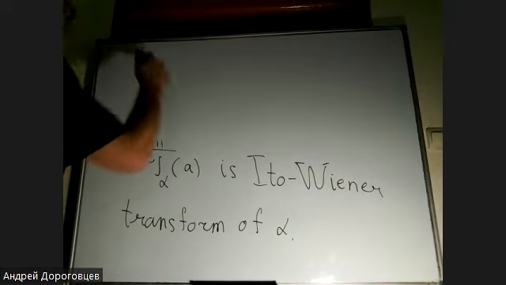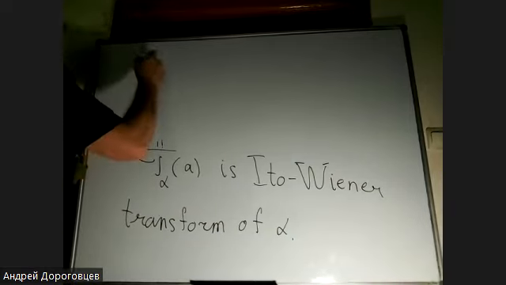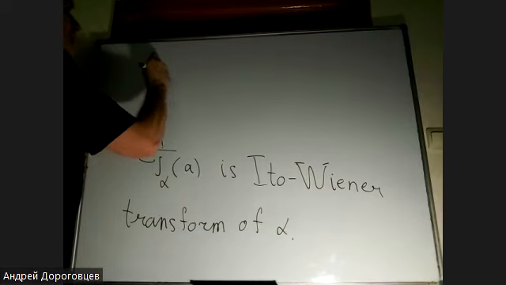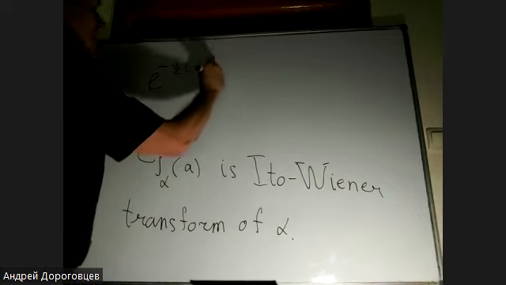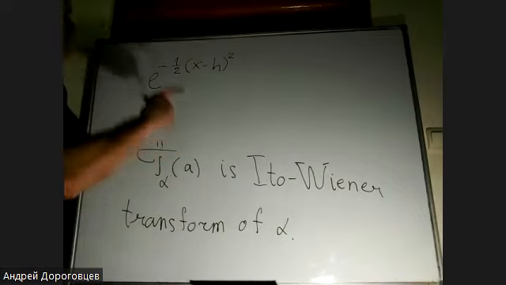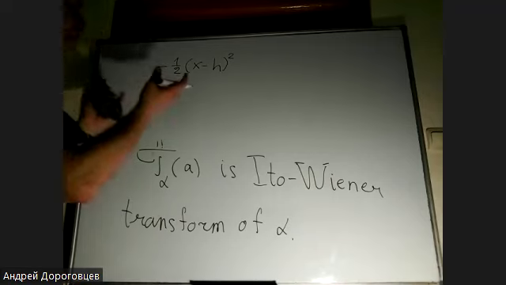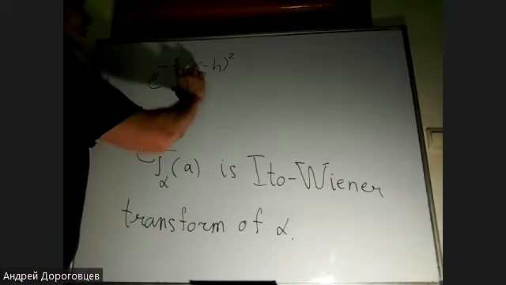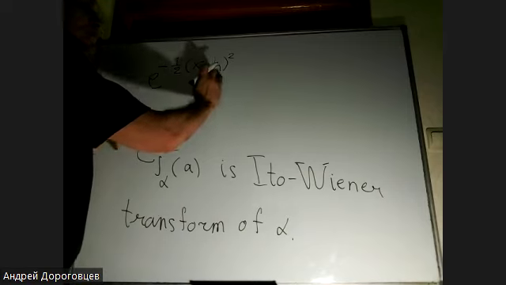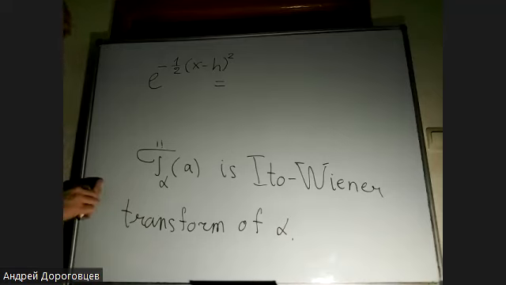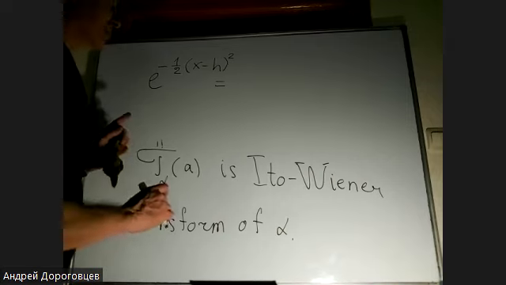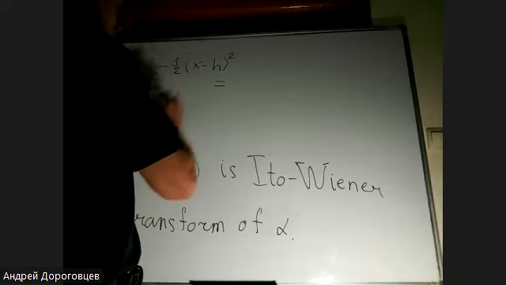You see, here we use the Taylor formula for this function, minus 1/2 x minus h squared, and we consider the Taylor formula for this function at the point x with a small perturbation h. Yes, but I am asking about another formula, the exponent of xi minus a squared divided by 2. Exactly. And you see, let me continue.